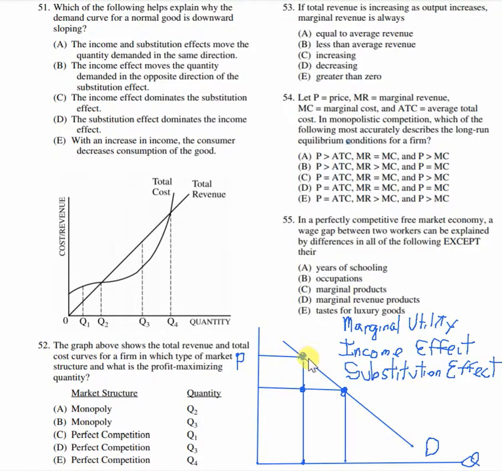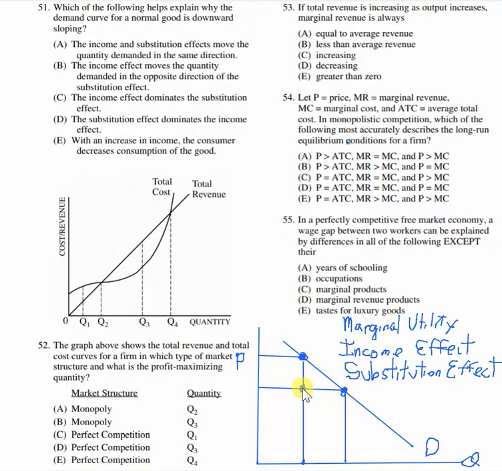In the substitution effect, let's take an example that you eat 3 days a week at Panera Bread, and it costs you this price, and you also eat 3 times a week at Noodles and Company, and that's the same price. If Panera Bread starts offering a lower price, then you may not go to Noodles and Company because you get it at a lower price at Panera Bread.